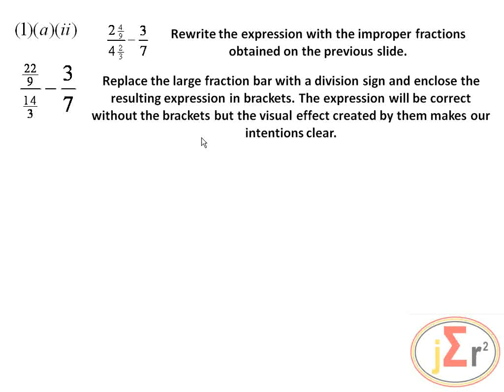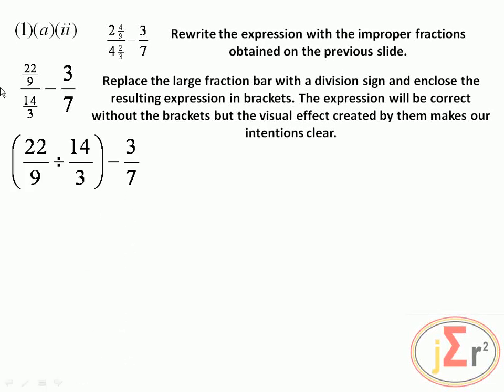Next, we will replace the large fraction bar with a division sign and enclose the resulting expression in brackets. The expression will be correct without the brackets, but the visual effect created by them makes our intentions clear.